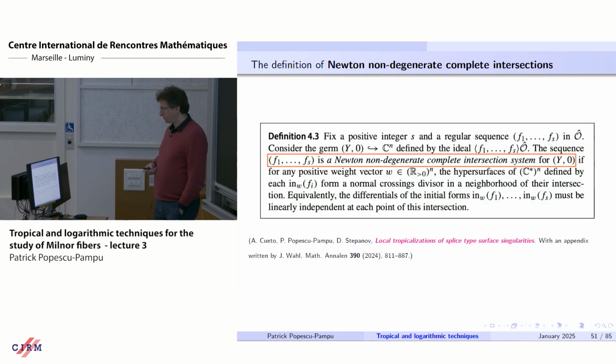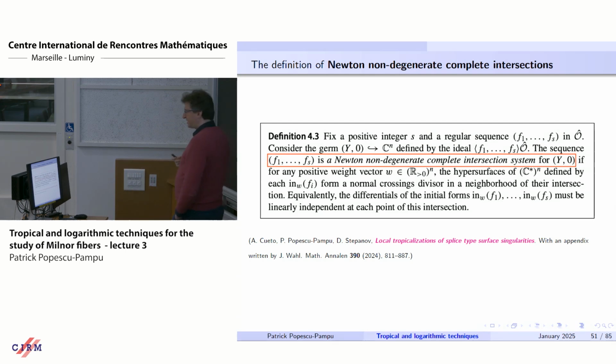So, now what is a precise definition of Newton non-degeneracy? For us, we ask first that our set of functions be a regular sequence, which means that each function drops the dimension by 1.